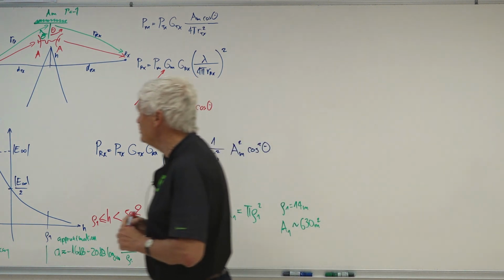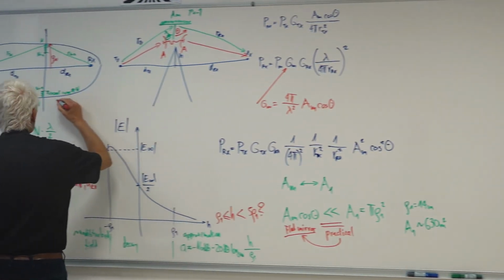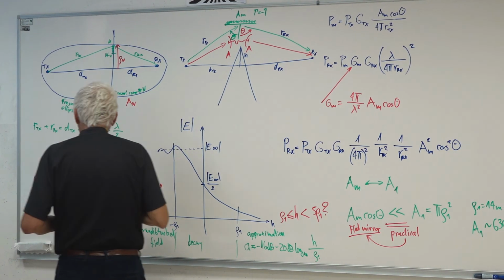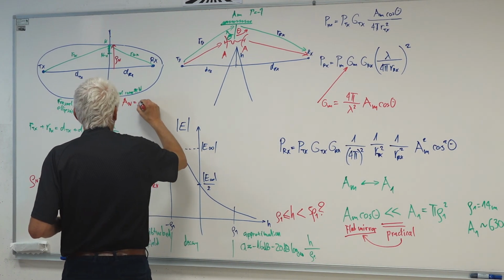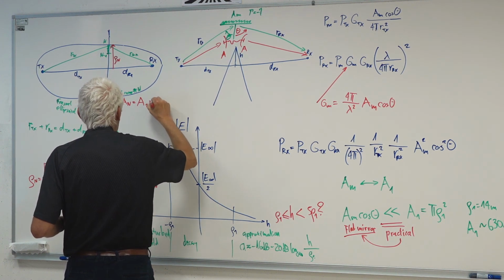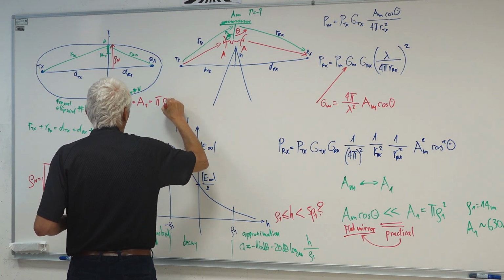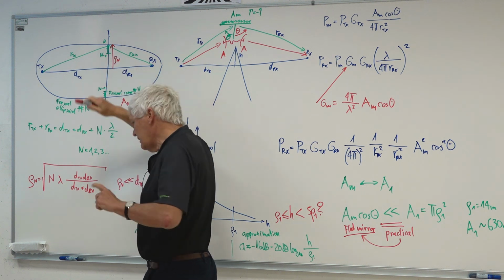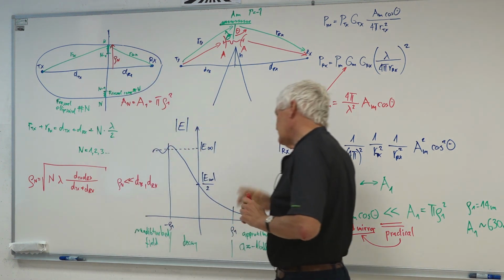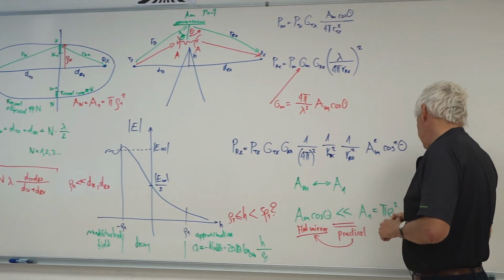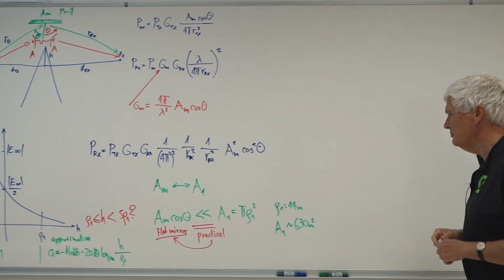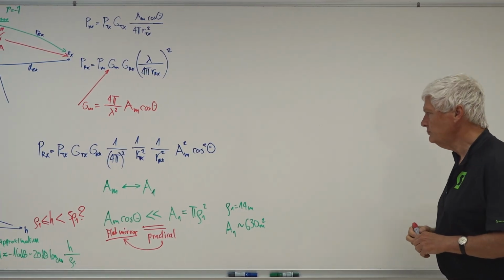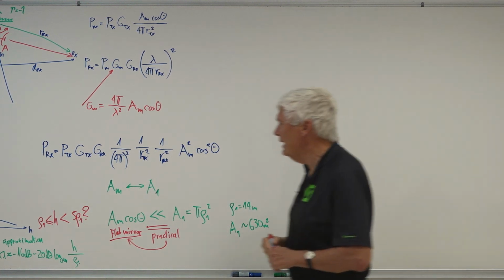I should also indicate that each Fresnel zone has an area AN. All Fresnel zones have the same area, equal to A1, equal to pi rho1 squared, because all the rings here have the same area as the central circle of the Fresnel zones. So what is AN?